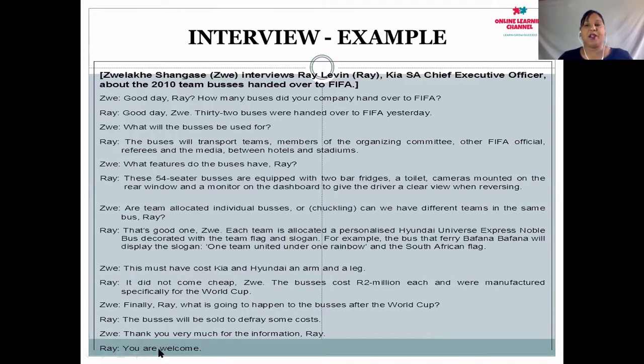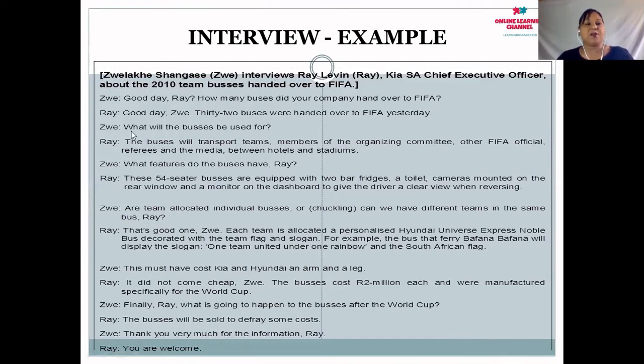Ray, you are welcome. So if you see in this interview, there's a specific point here, a specific goal. Zwelakhe, the interviewer, wants to know about the buses that were handed over to FIFA during the 2010 World Cup.